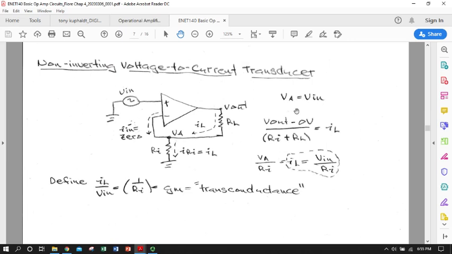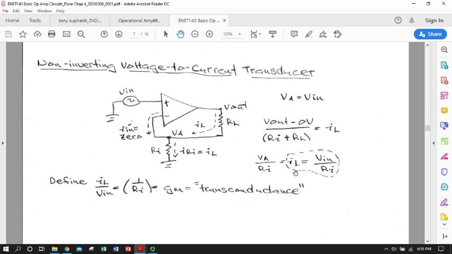So I'll still retain my V sub A equals V sub in, and I will just play around with this expression. I'll still use the series path, but I'm going after this expression. What I'll want to do is substitute for V out, because I'm going to want to end up relating this to V in, which is what I know.